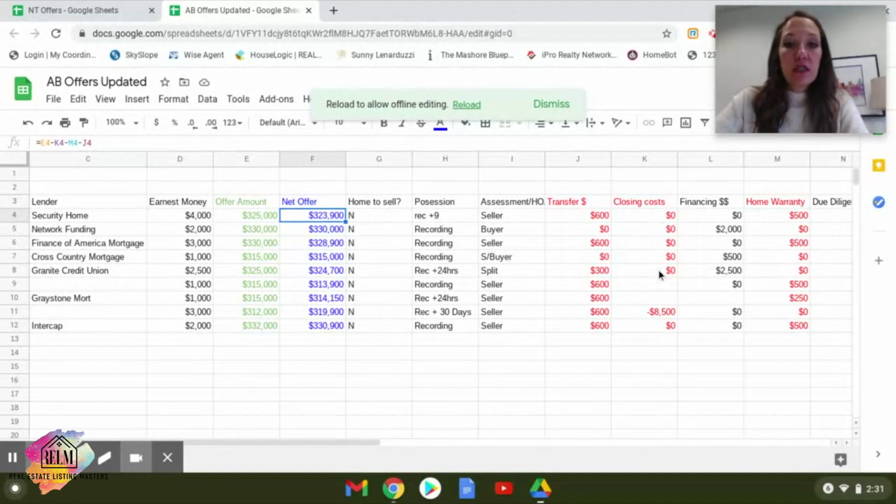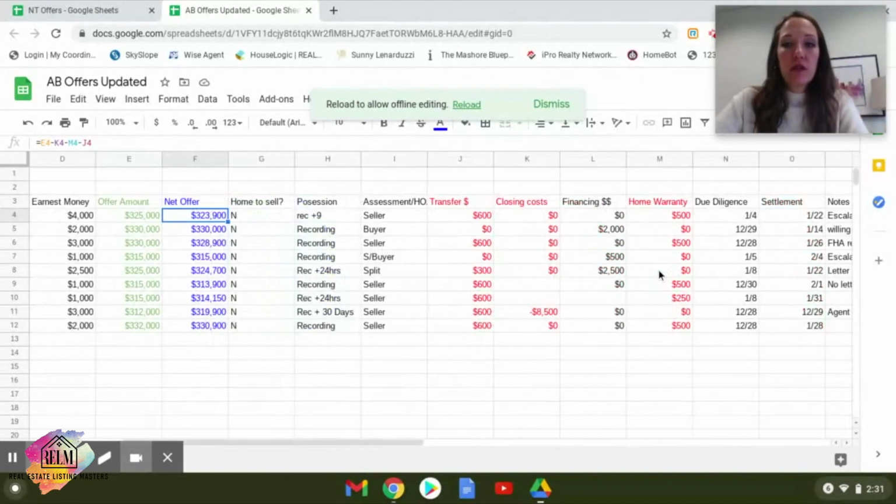How much are they asking for in closing costs? This one is a negative number because the agent said that he wasn't taking a commission on it. And so that added to the amount. And had we gone with this offer, we would have done an escrow instruction form to add that amount back into his bottom line. And so that's why this number is a negative number.